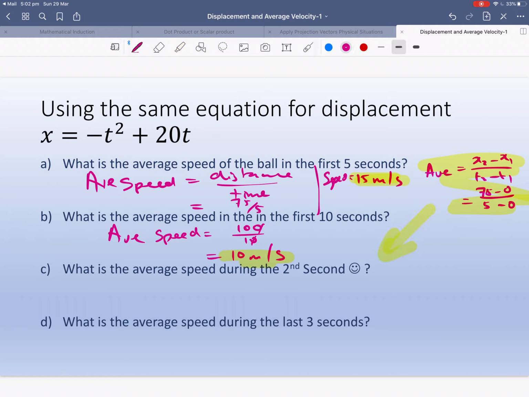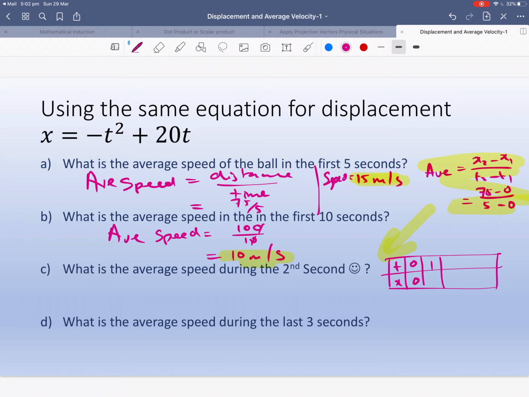It says, what was the average speed during the second second? All right. So the first second happens between 0 and 1 second. The second second, so let me draw a little table of values because it will help us out. So we go t and x. So what happened at 0? Well, it hadn't been let go.